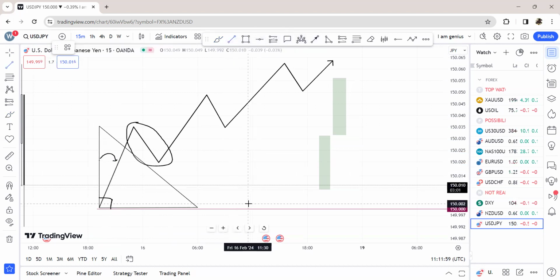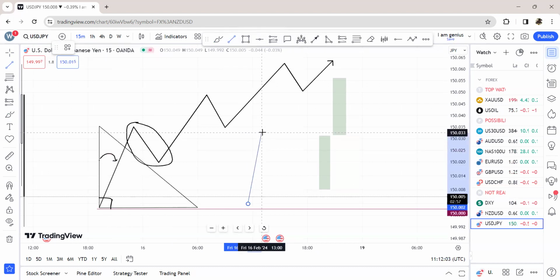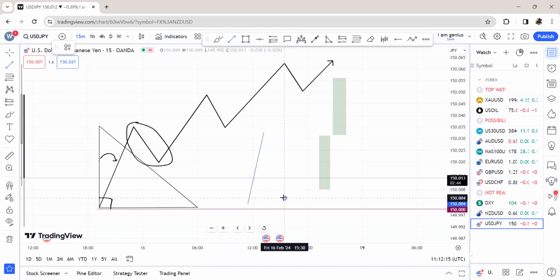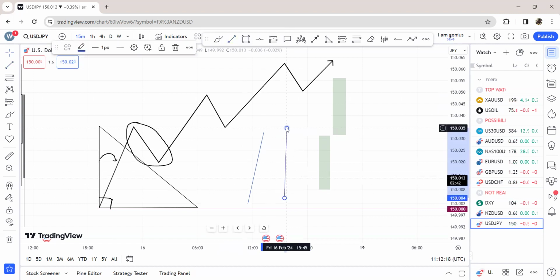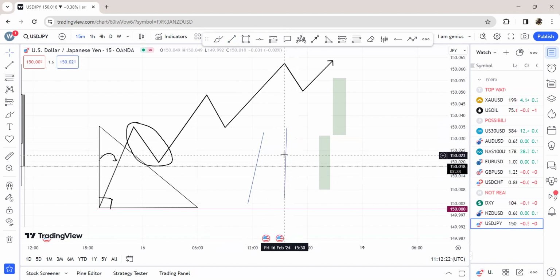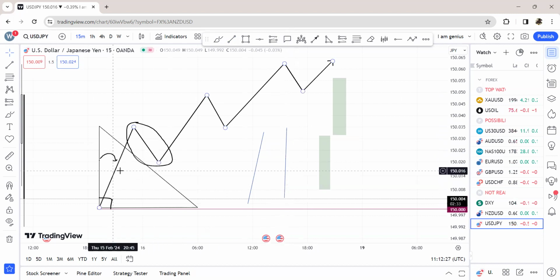It can't be vertical because you have opposing pressure from the sellers, but it will try to make this as much as possible a straight line like this. So the closer this is to a straight line, the stronger the trend is. In our case, this one shows that this is a very strong trend.